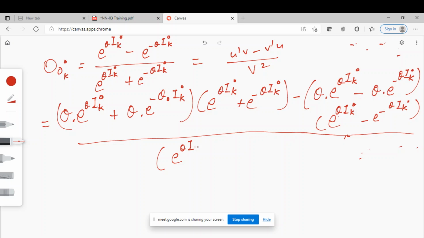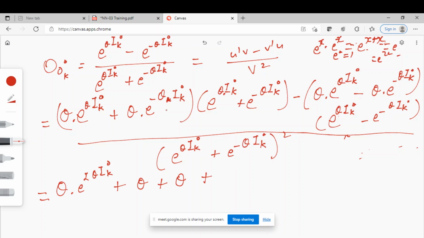Here also the superscript part is the same, the exponential part is the same, but with a negative symbol. So it is similar to e power x into e power minus x. So basically it is e power 0, which is 1, so what you get is theta. Here you will get theta.